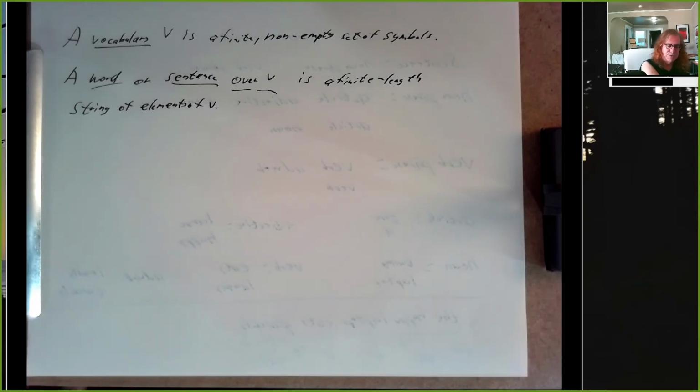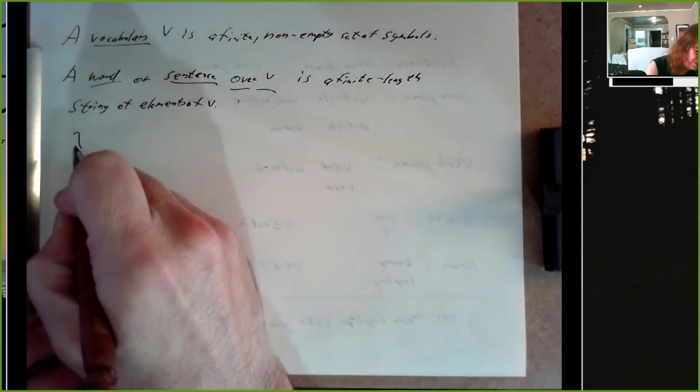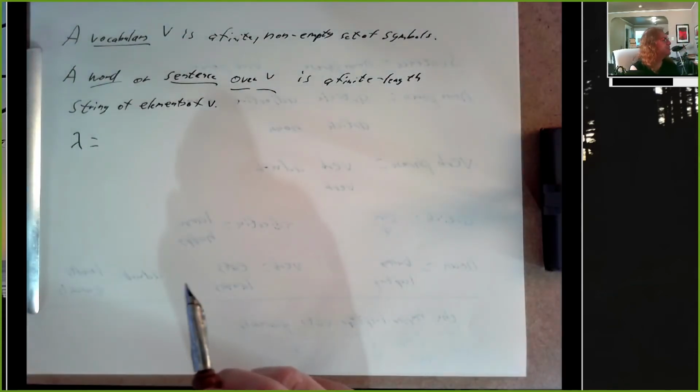All right, so you can think of our vocabulary as being letters of the alphabet, and words being collections of those letters side by side. All right, we use the symbol lambda to represent an empty string.